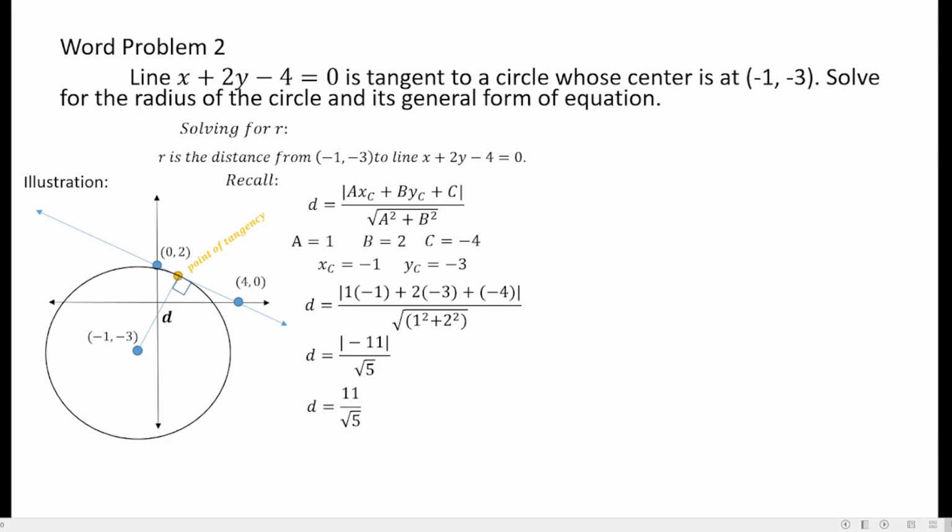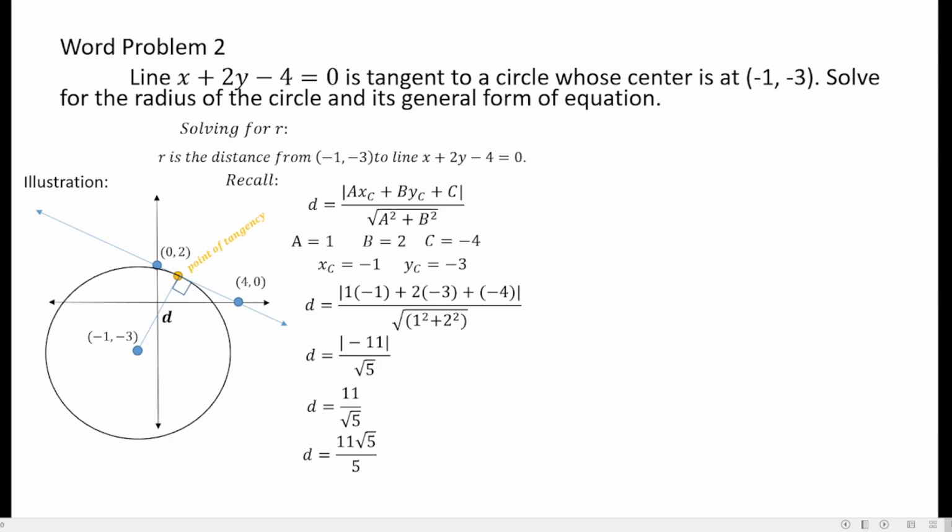If you may be asking, why do we take the absolute value? It's because there's no such thing as a negative distance. It's always positive. So from here, rationalizing, we have 11 square root of 5 all over 5 as the distance. Again, d is 11 square root of 5 all over 5.